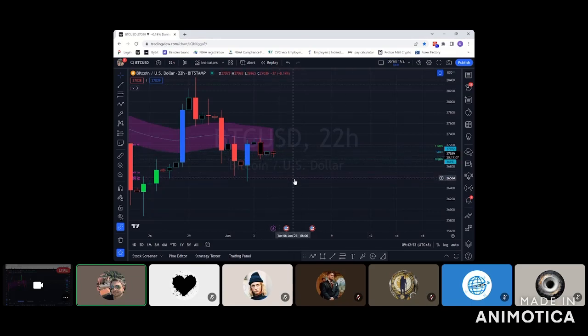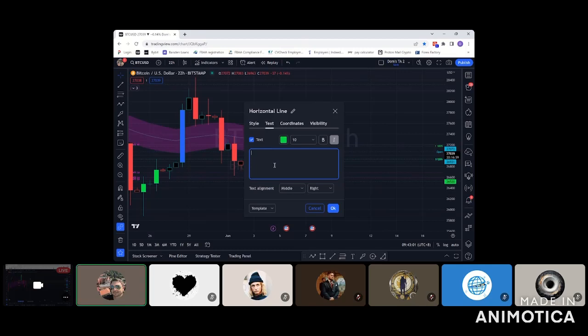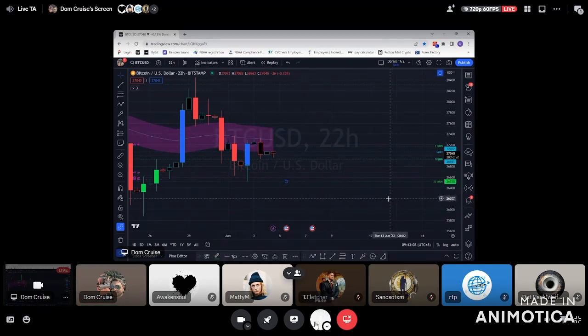I want to mark the 50 out. I just mark this one right there. So I put like that, like that, like that. 22, 100%. So I know which time frame I'm on when I'm moving around the charts. And I lock these in, so I don't move the lines around when I'm charting.